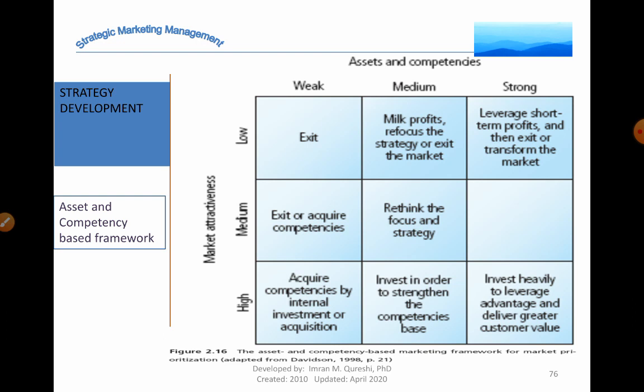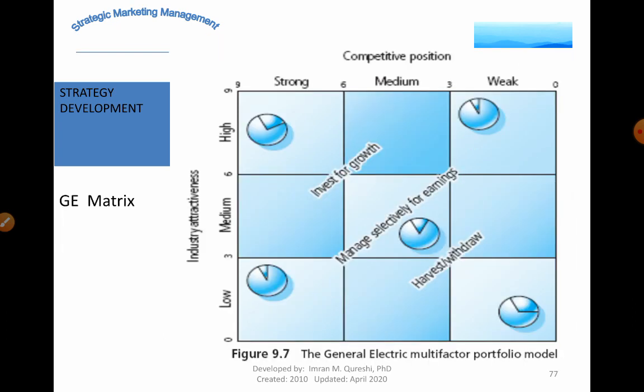So for example, if your market attractiveness is low and your assets and competencies are weak, then this is definitely exit. On the very opposite side, if your market attractiveness is high and your assets and competencies are strong, then you invest heavily to leverage advantage and deliver greater customer value. Based on your analysis, you can use this particular framework as well.